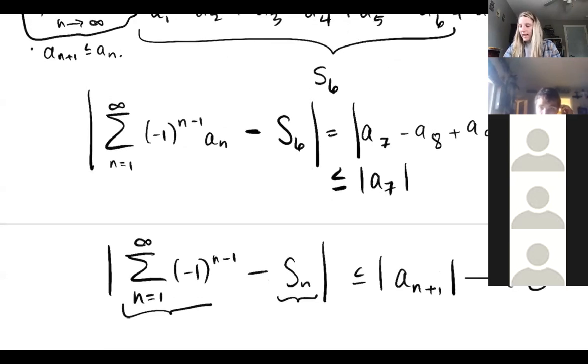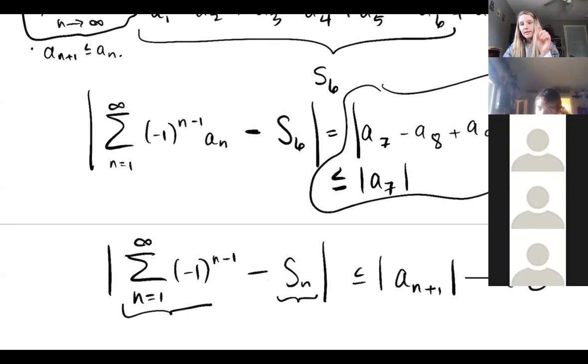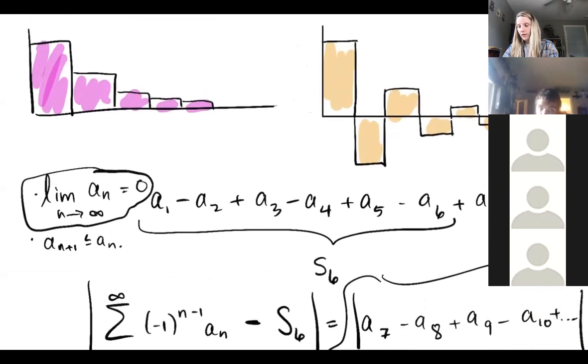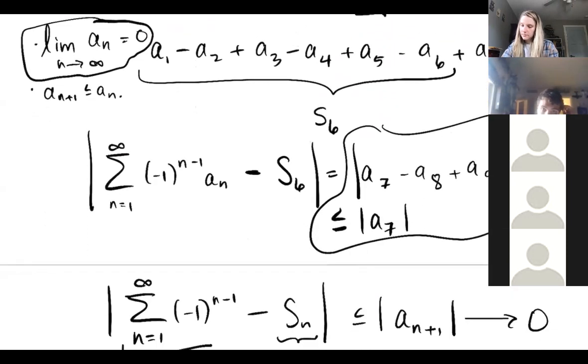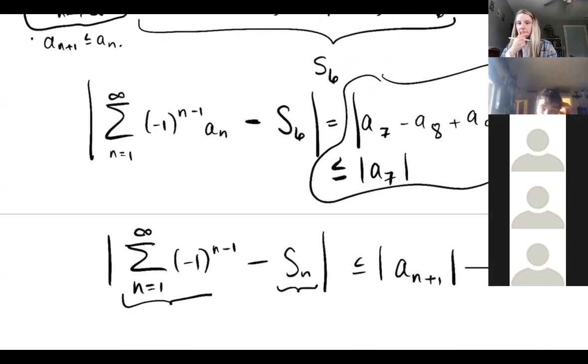It's really this inequality, Spencer and Michael, that makes this different from the positive version. I don't know if that helped. Because a sub n goes to 0, that's usually not enough. But now that we have a sub 7, we know the limit does exist.